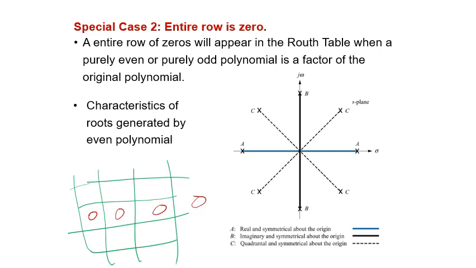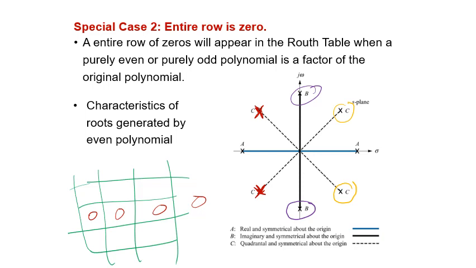Even polynomial means whatever pole is located on the upper side is going to be met with a pole on the lower side. So when it's an even polynomial, if there is a pole here, there must be another pole here. That's what we mean by even polynomial.